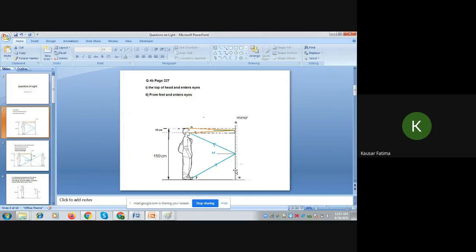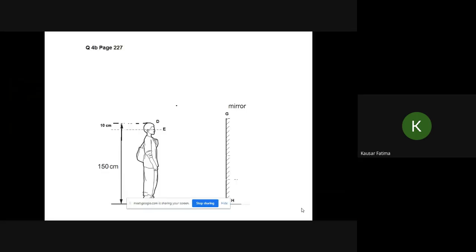Okay, and they are asking, the person doesn't need this full length mirror to see his full image. So here you have to draw 2 rays.